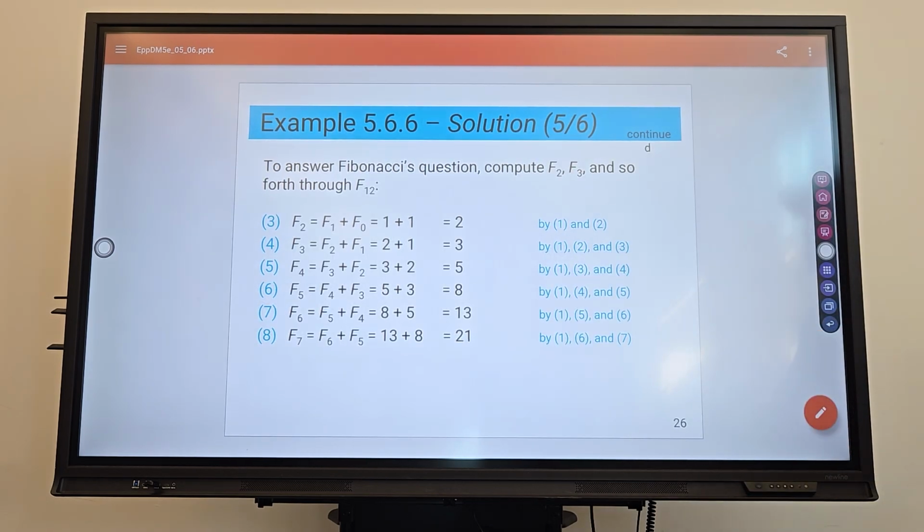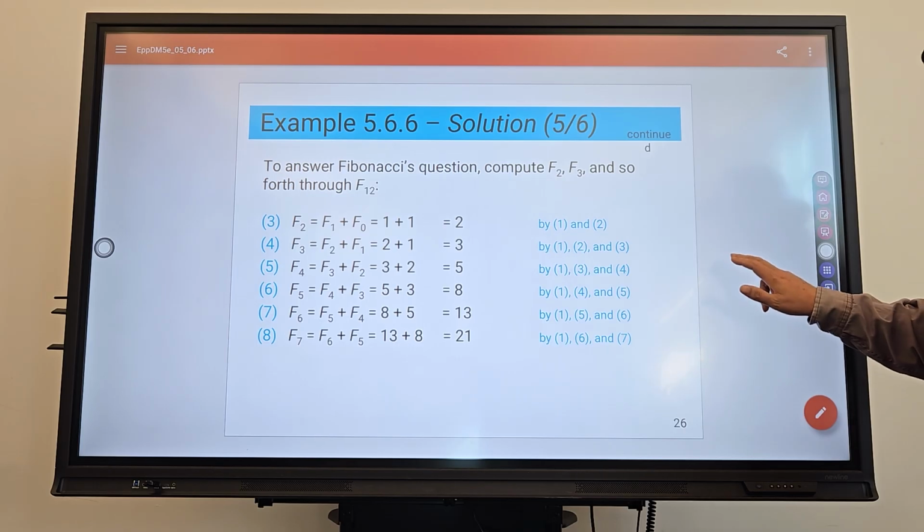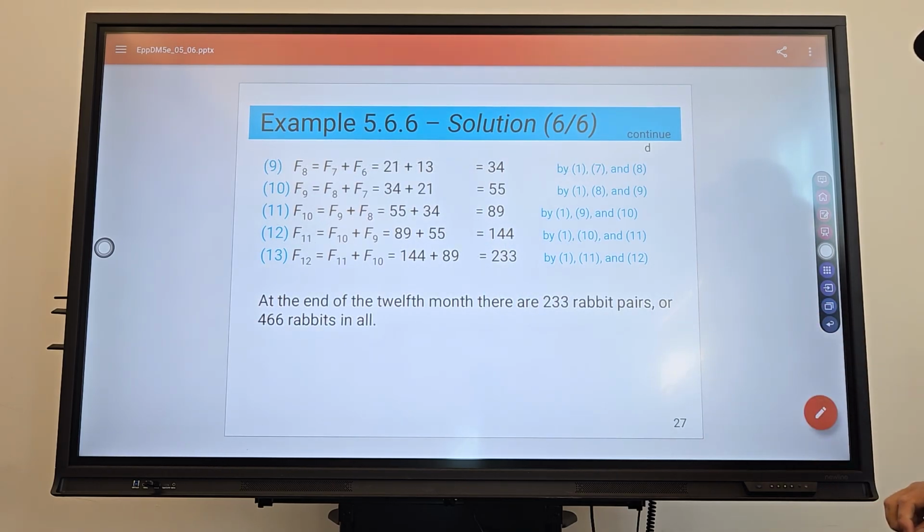To answer Fibonacci's question, compute f sub 2, f sub 3, and so on to f sub 12 to get 2, 3, 5, 8, 13, 21, 34, 55, 89, 144, and finally 233. So at the end of the 12th month, there are 233 rabbit pairs, or 466 rabbits in all.